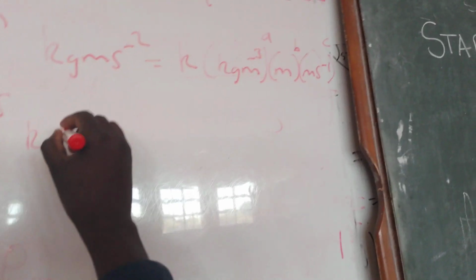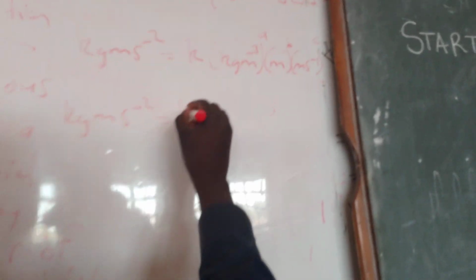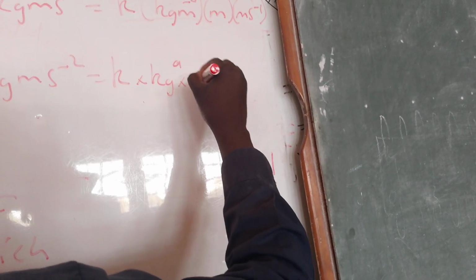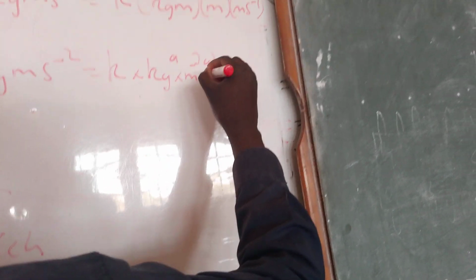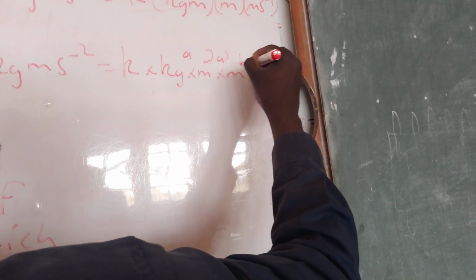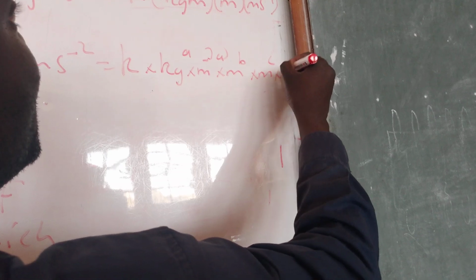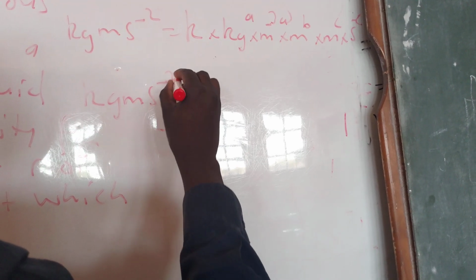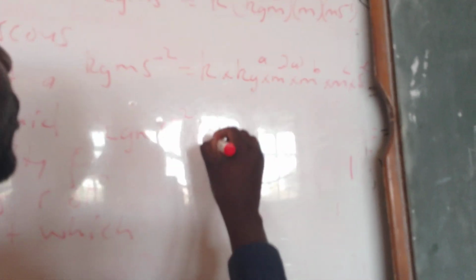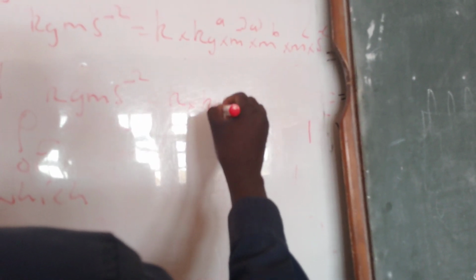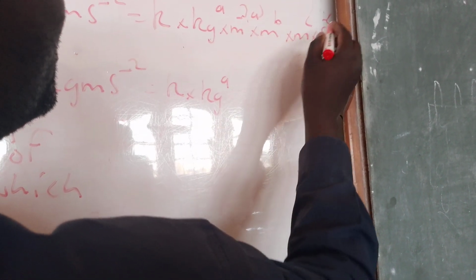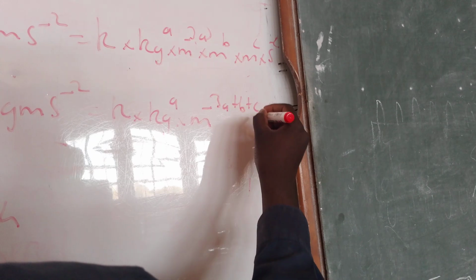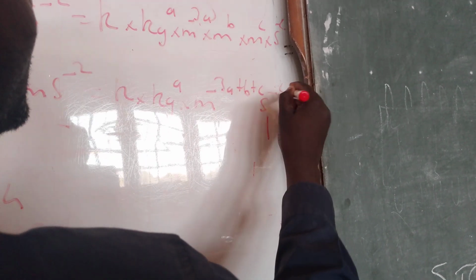So we should have kg meter per second squared is equal to k, where K depends on the proportionality. So we'll have kg to the power A times m to the power minus 3a times m to the power b times m to the power c times s to the power minus c. So kg m s to the power minus 2 is equal to k times kg to the power a, m to the power minus 3a plus b plus c, s to the power minus c.